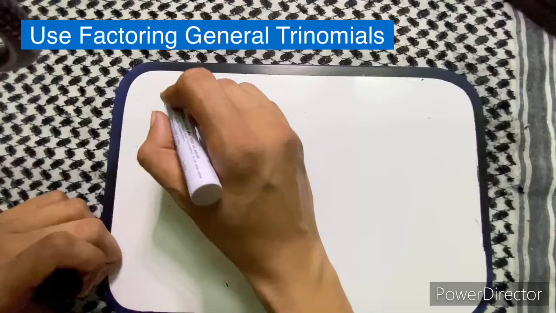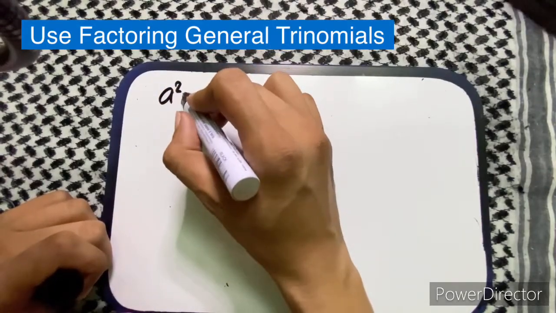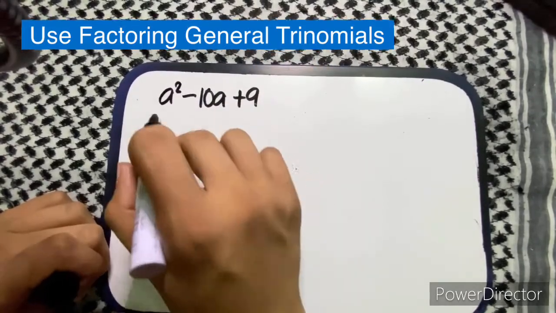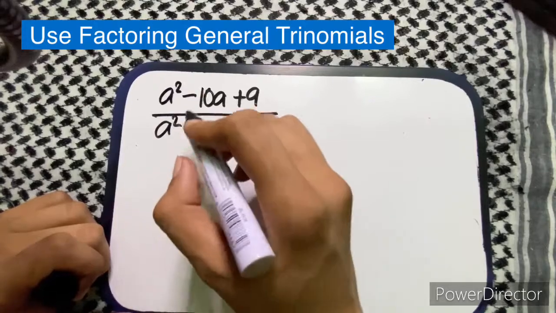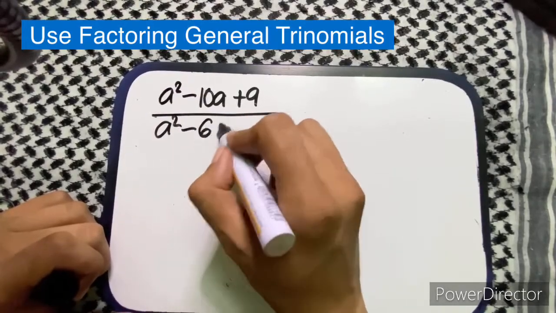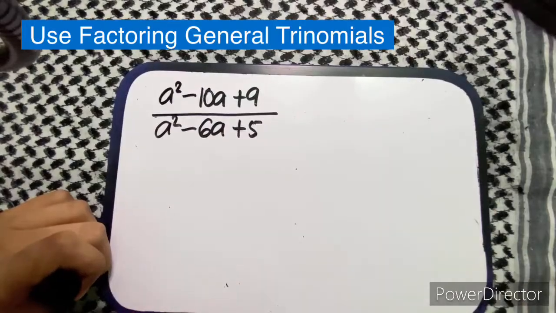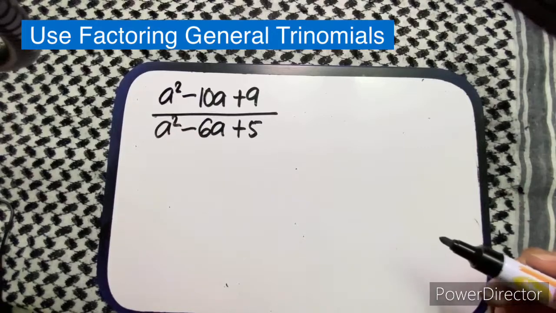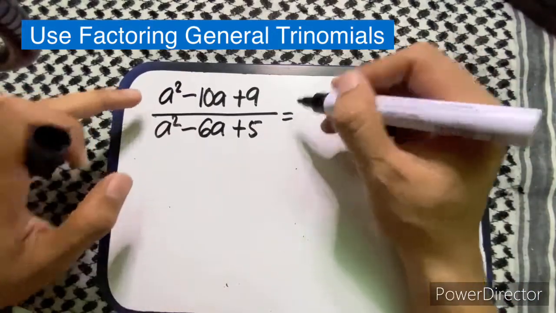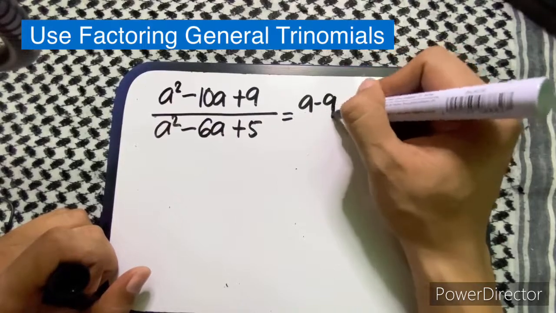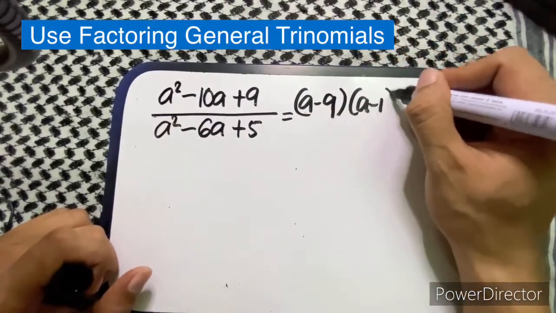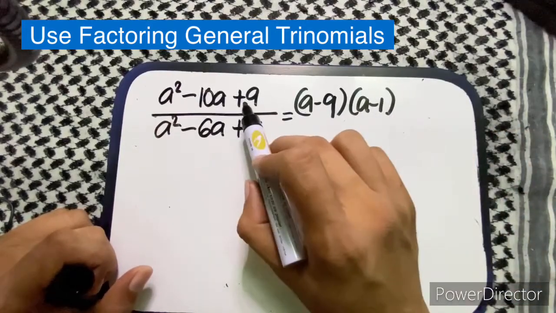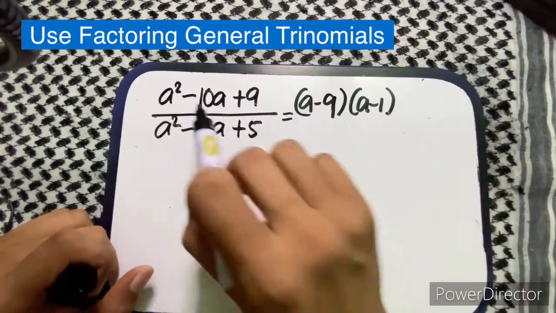Okay, we have this one: a squared minus 10a plus 9 over a squared minus 6a plus 5. The two polynomials are examples of general trinomials. So we can rewrite the numerator into a minus 9 and a minus 1, because negative 9 times negative 1 is positive 9, and negative 9 plus negative 1 is negative 10.